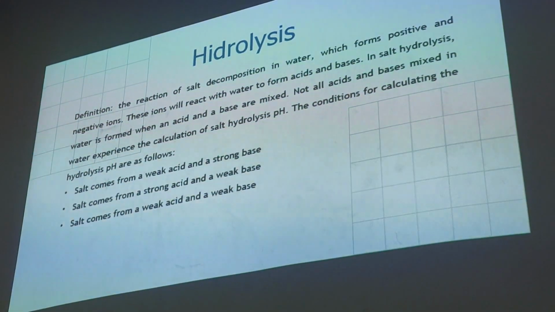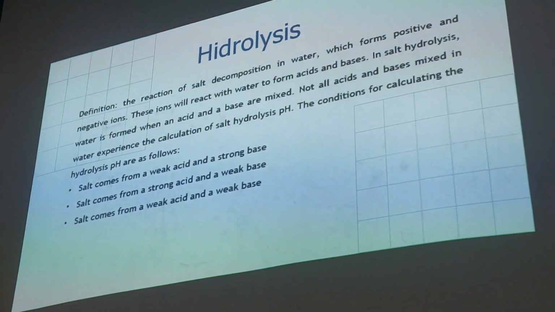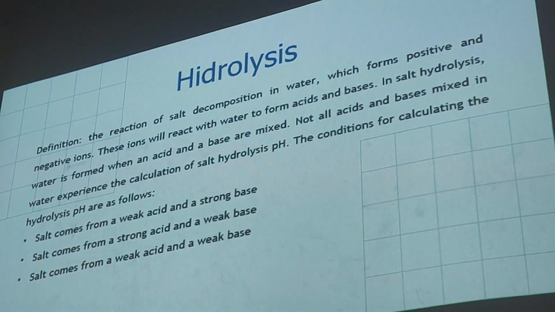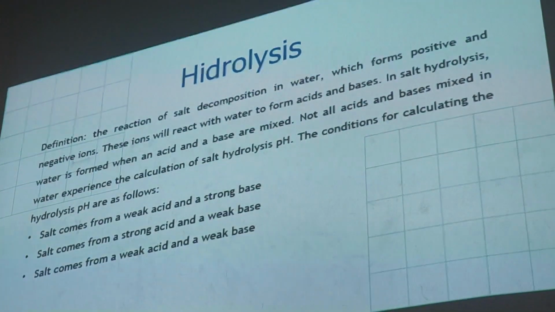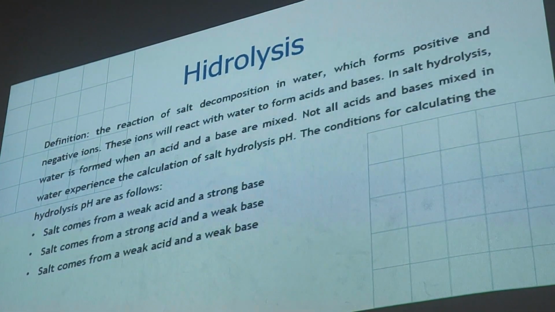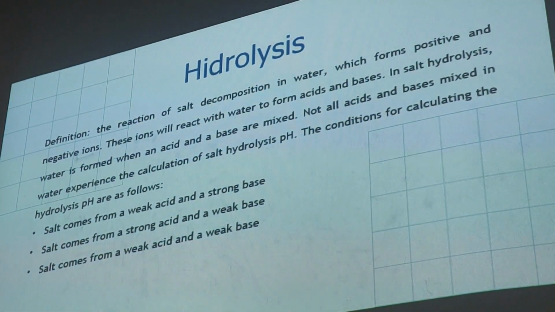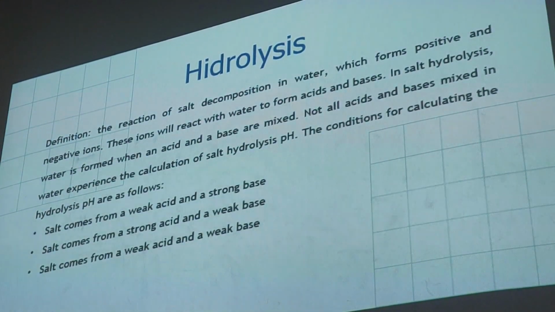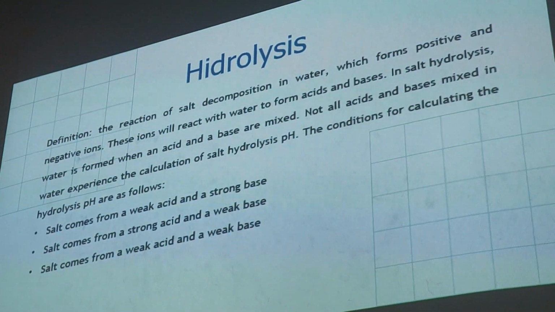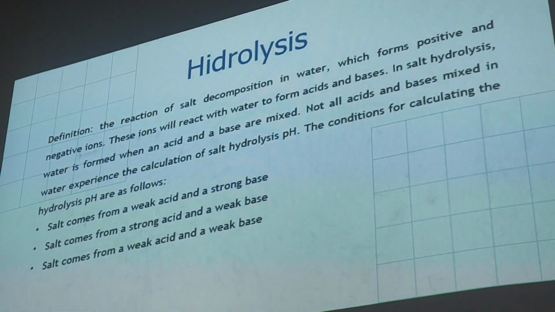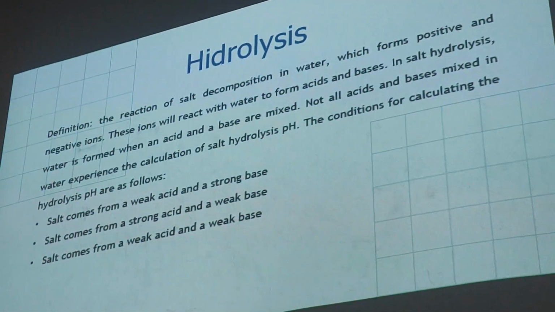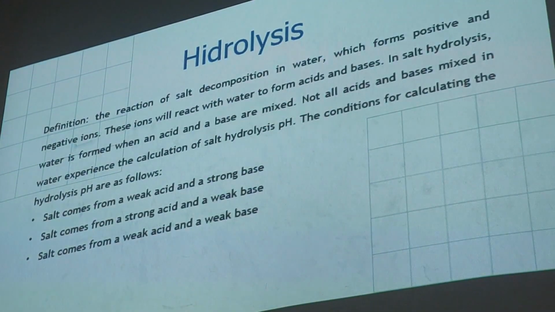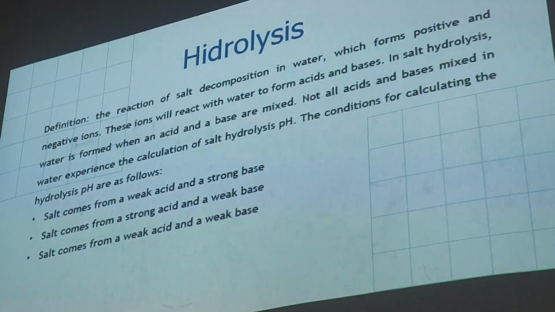Hydrolysis is the reaction of salt decomposition in water, which forms positive and negative ions. These ions will react with water and form acid and bases. In salt hydrolysis, water is formed when an acid and a base are mixed. Not all acids and bases mixed in water experience that.